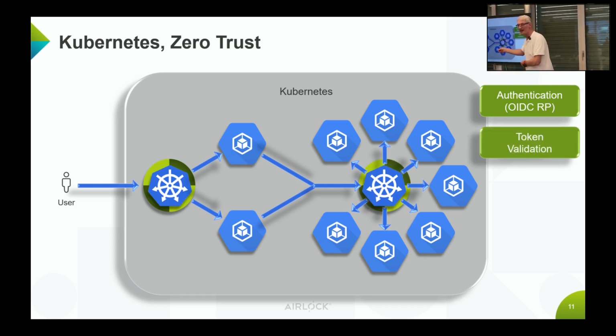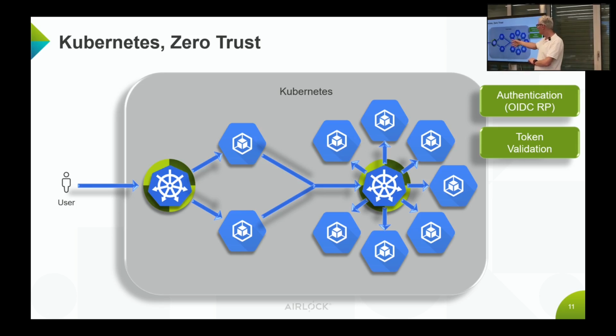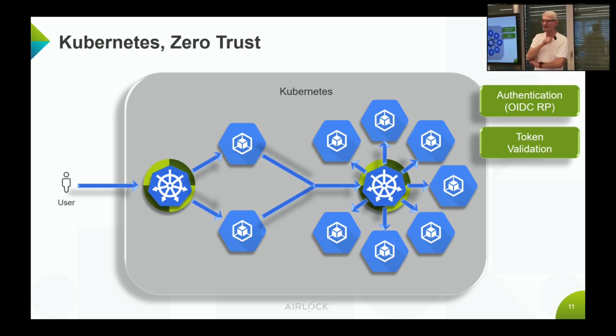You can also do that here. Everybody uses tokens to access these backend services. So you could implement that function here, and before the request is actually forwarded to the backend application, you validate the token, and if it's okay, send on the request. If it's not, then you block the request.